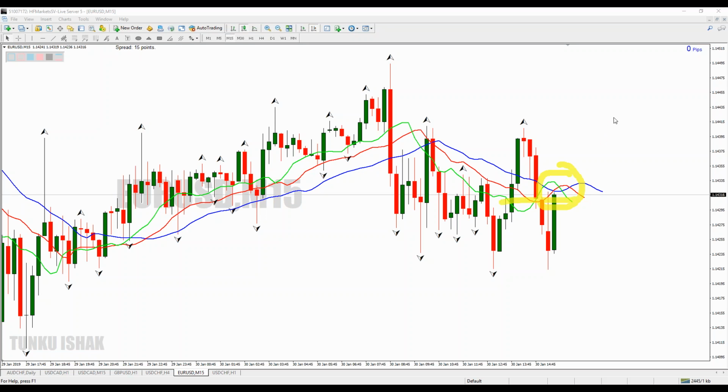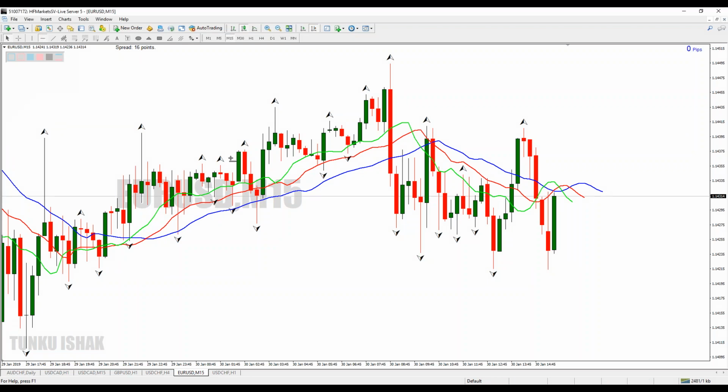Here is the signal to sell. But try to see, does it break the support yet? No. So whatever, we don't take the entry. If we don't take the entry right now, we are quite safe, because the price is already rejecting the support.